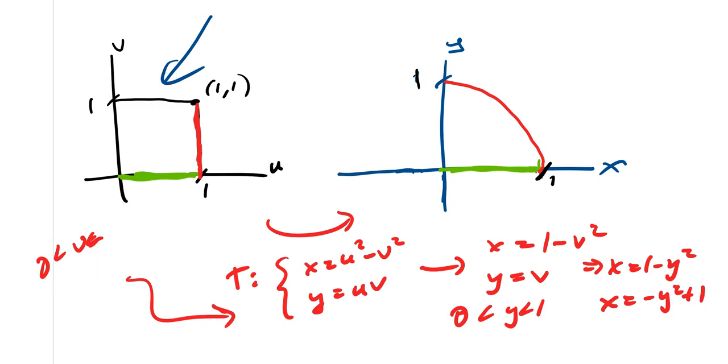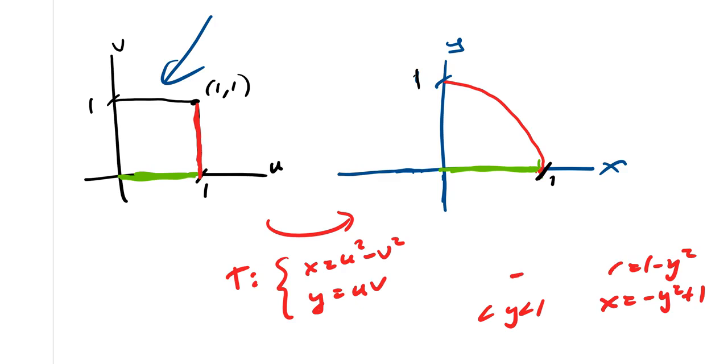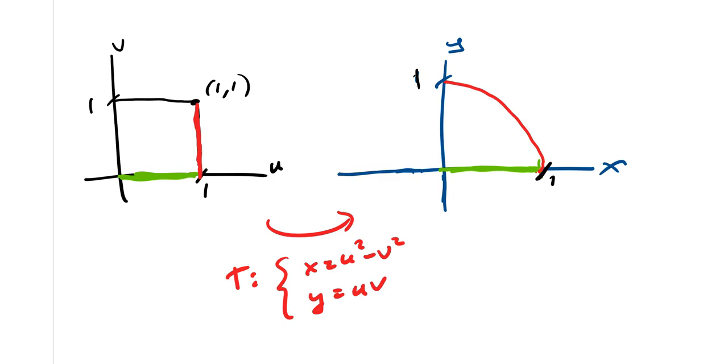Now let's look at things in general. At the top here, let's do a different color. Let's do this light blue. At the top here, u ranges between 1 and 0, and v is always 1.